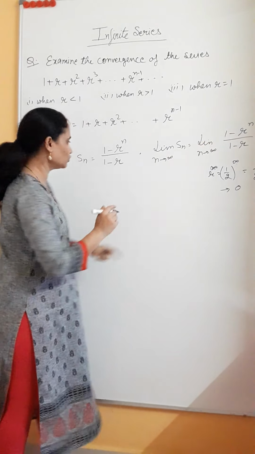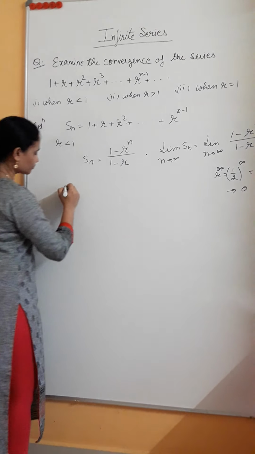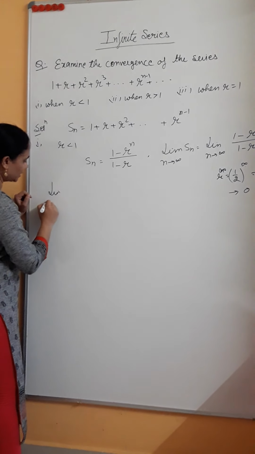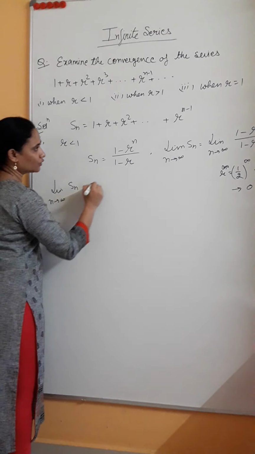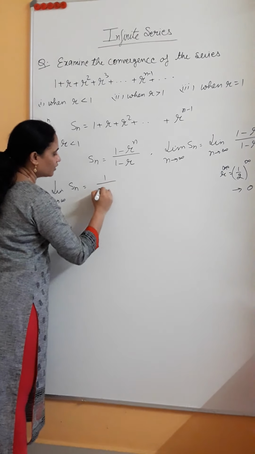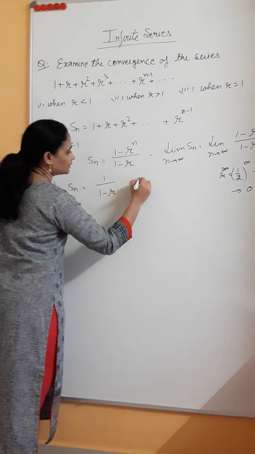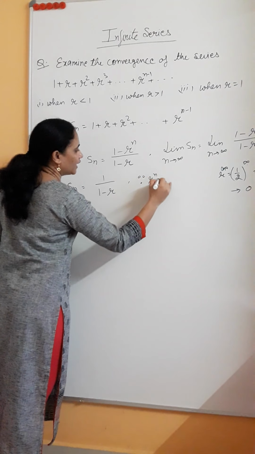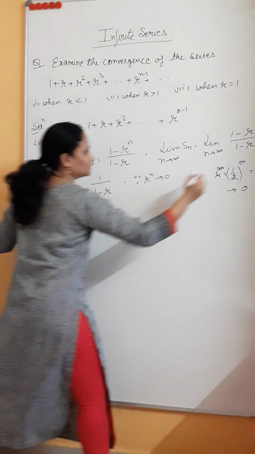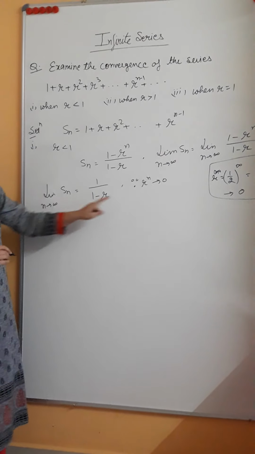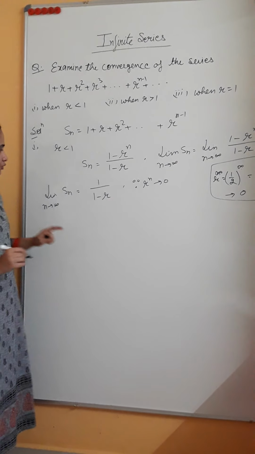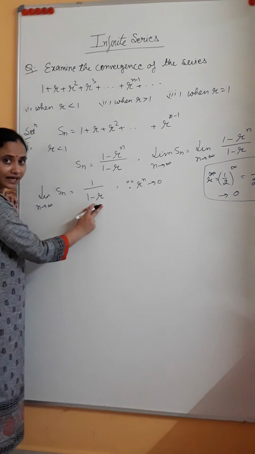So when this tends to 0, the limit as n tends to infinity of Sn is equal to 1 by (1 minus r), since r power n tends to 0. This is just an example I have taken to make you understand. So r power n tends to 0, which is a finite value.